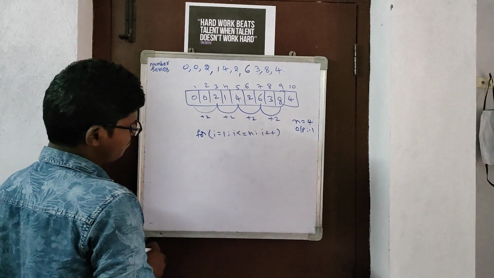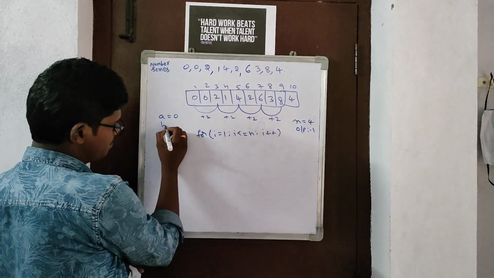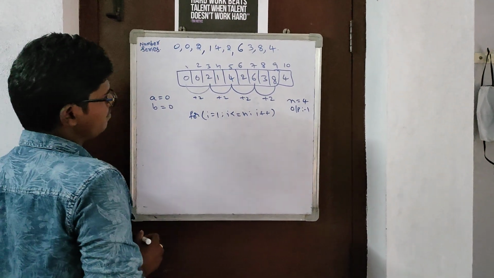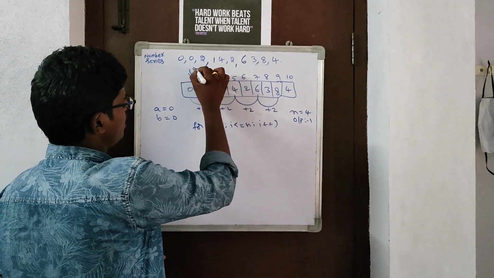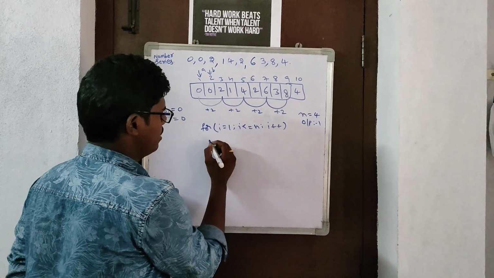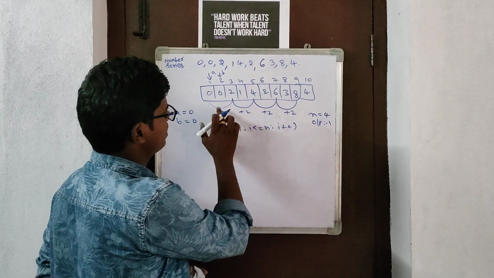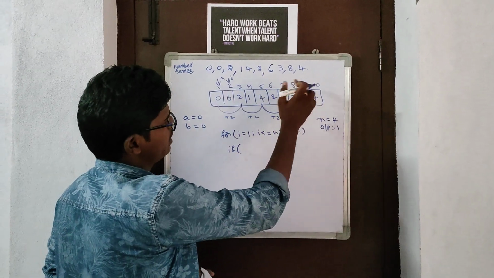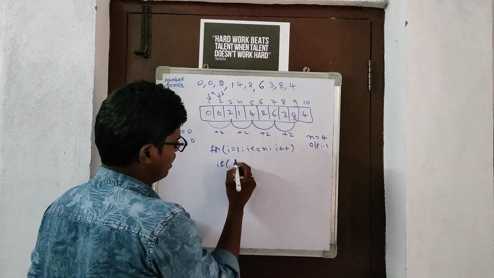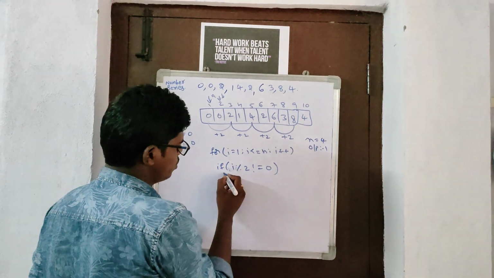So what am I doing here? I will consider the odd-position numbers with initially a equal to 0, and the even-position numbers with initially b equal to 0. If it is an odd position, I am adding plus 2, so a is equal to a plus 2.